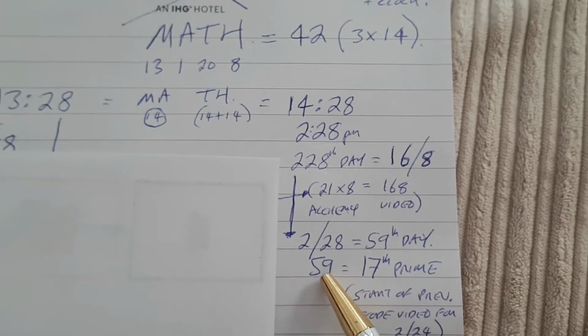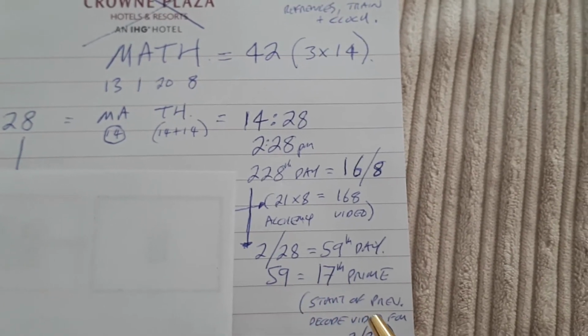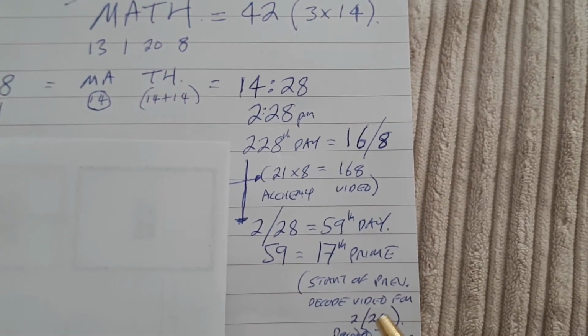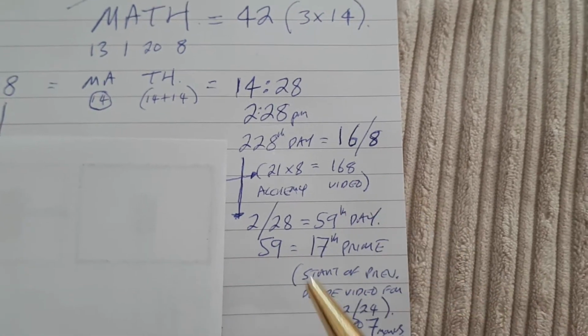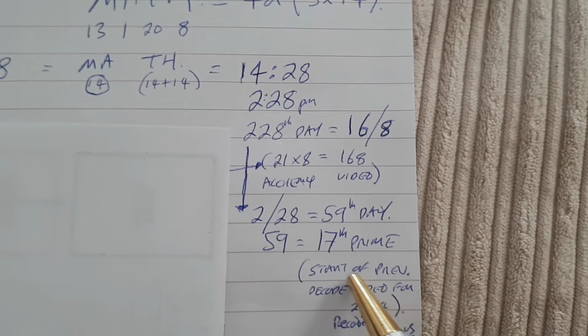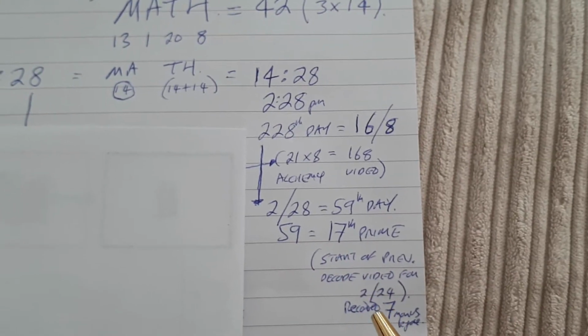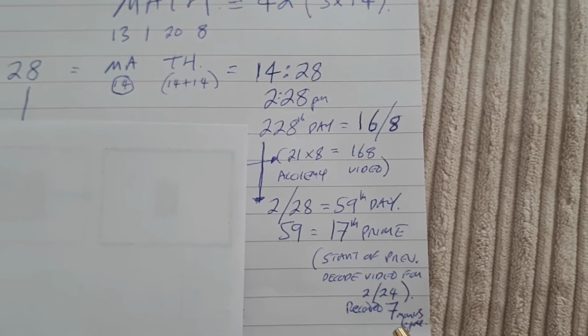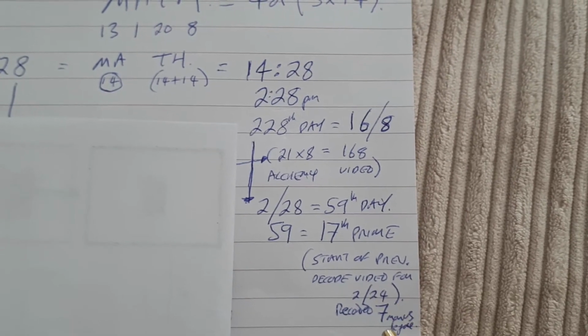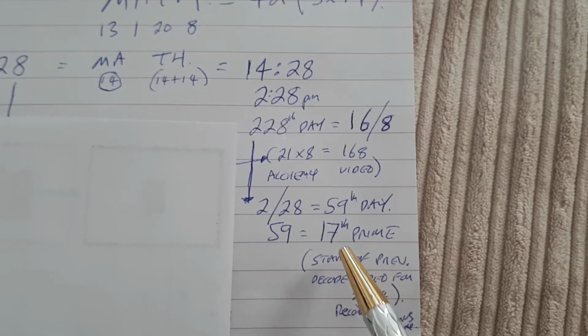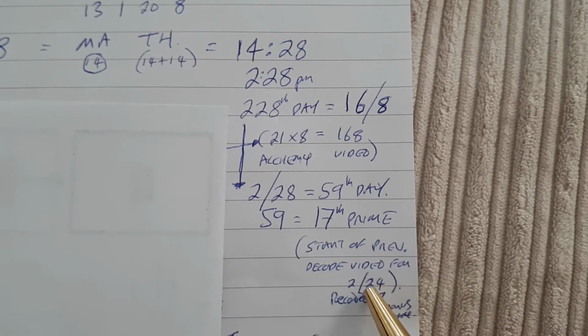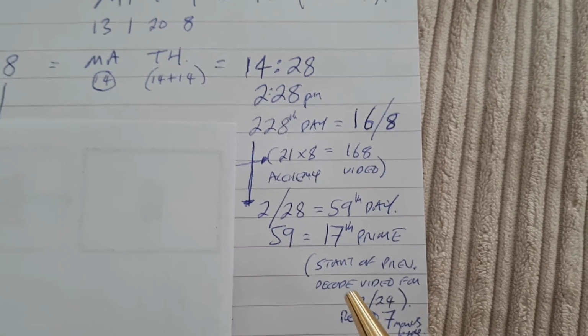And again, a video all about that, because my video previous to this one for that decode of February 24th starts with that number, 17th prime. It starts with 17 and 7 because the 7th prime is 17. And yes, that was the video that this is all connected to.